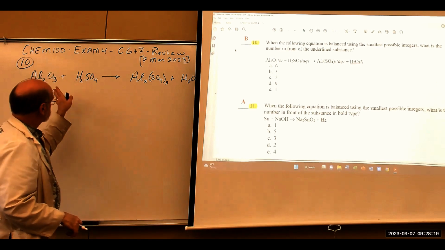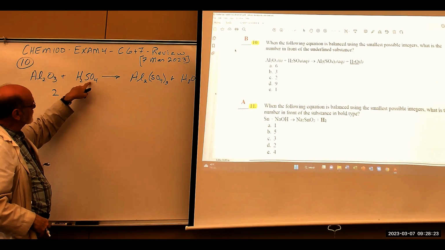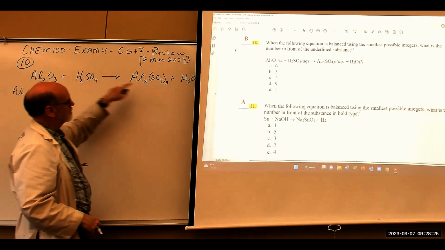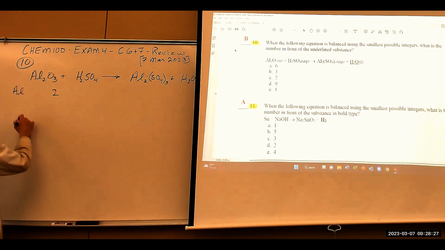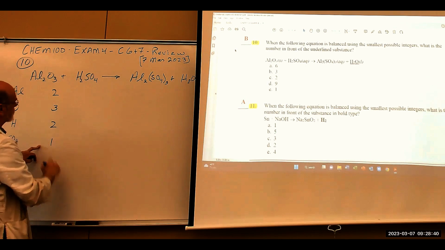Notice that we've got oxygen in 2 places. But this sulfate stays intact on both sides. So we're going to use an oxygen separate here, just those 3. And then we've got to do hydrogens and sulfates. The sulfate group is only 1.